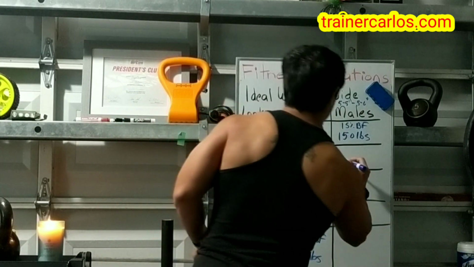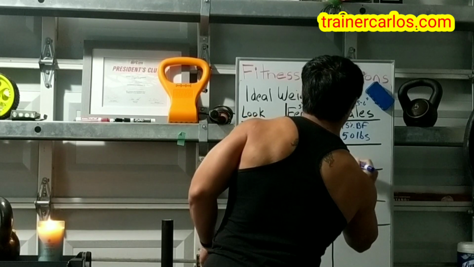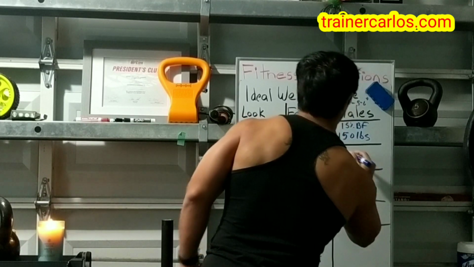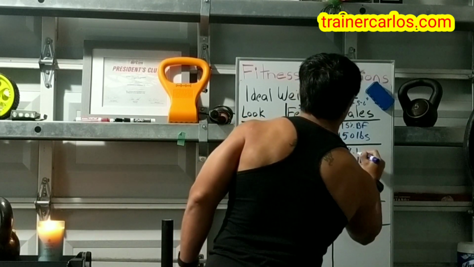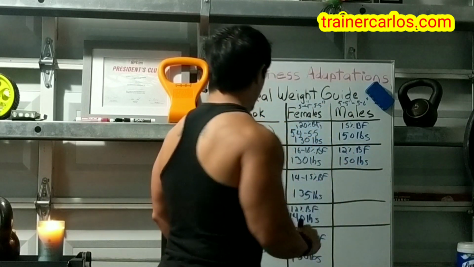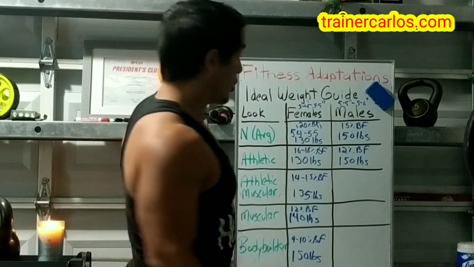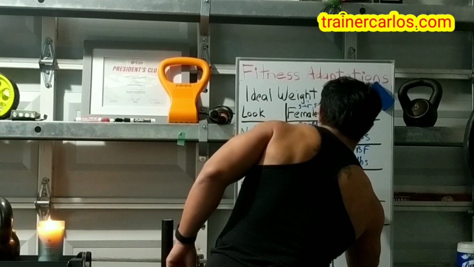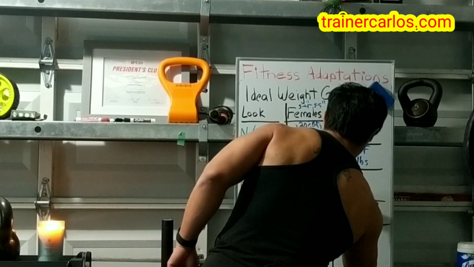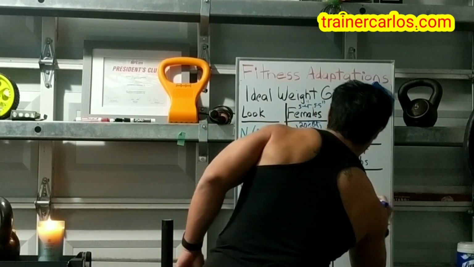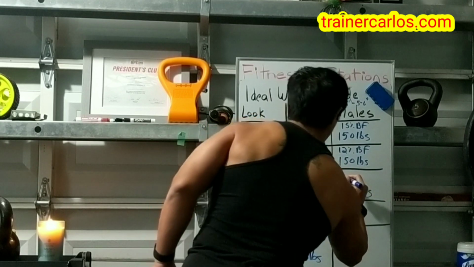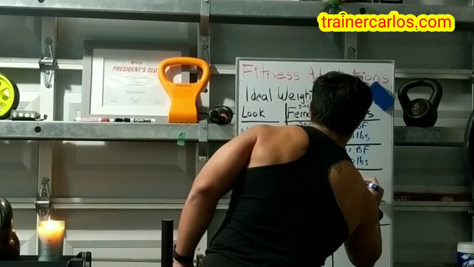Athletic, I'm going to say the same thing, about 150 pounds, but you're going to be around 12% body fat. Athletic and muscular, I'm going to say 160 pounds, and you're going to be around 10% body fat.